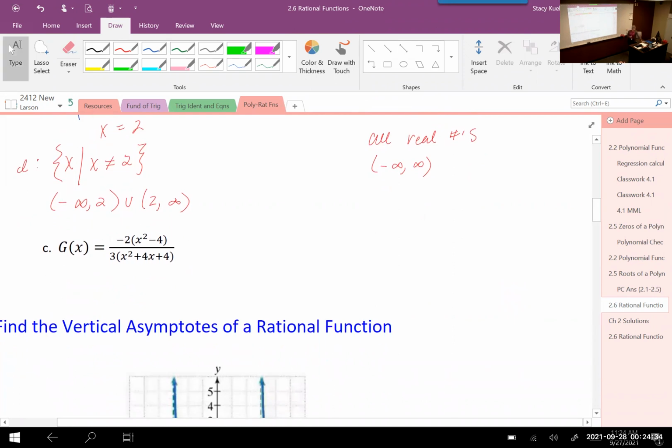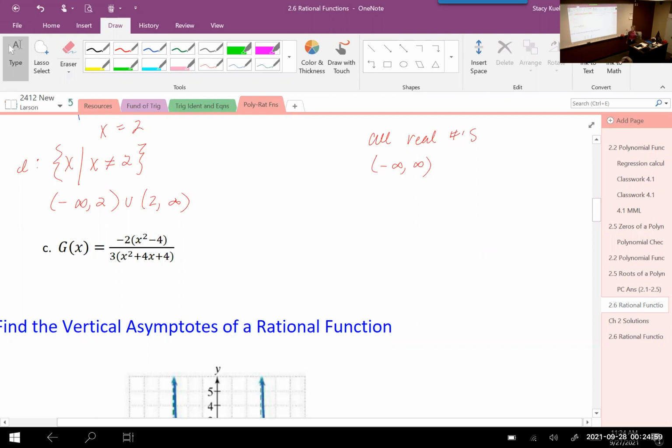G of X is equal to -2 times X squared minus 4 over 3 times X squared plus 4X plus 4. I'm only interested in where the denominator is 0.